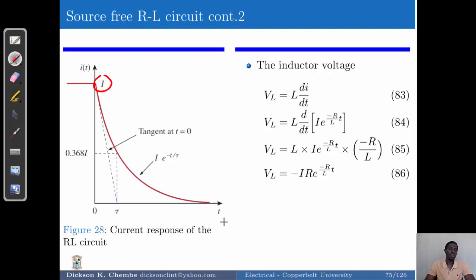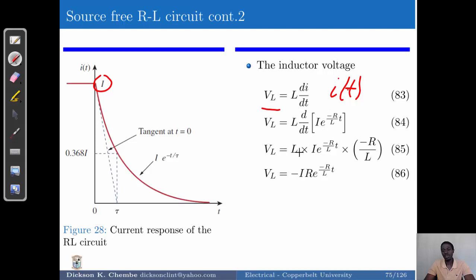We can also determine the voltage across that inductor by applying VL equal to L times the rate of change of current over time. We have calculated the value of the current as a function of time, which we replace into our equation 83 and obtain the rate of change of that current.